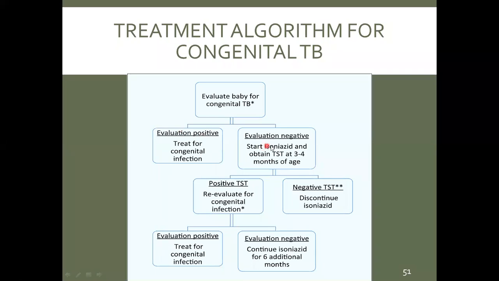However, if the evaluation is negative, then you should start INH and obtain a Mantoux test at the end of 3 months. If the Mantoux test is positive, re-evaluate for TB. If TB is positive, then treat for TB. If the evaluation is negative, continue INH for 6 months. However, at the end of 3 months, if the Mantoux test is negative, then discontinue INH.